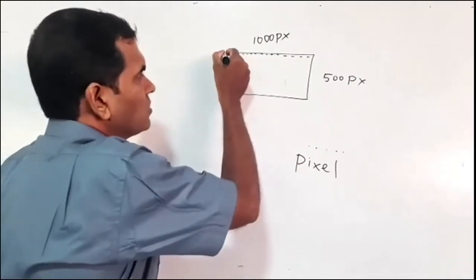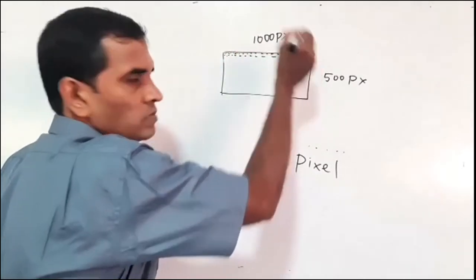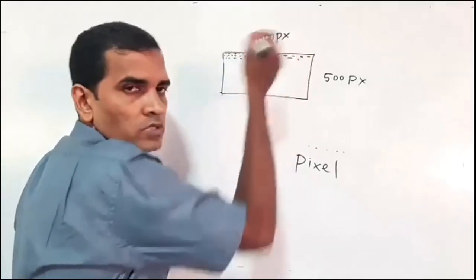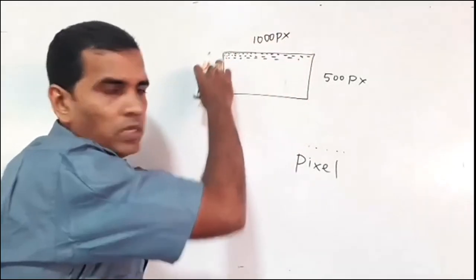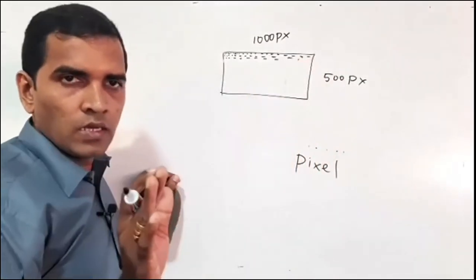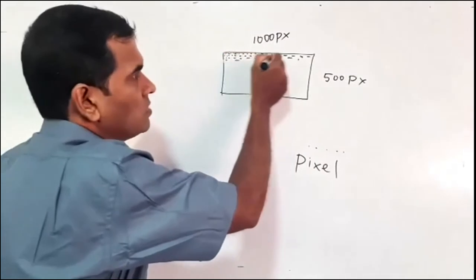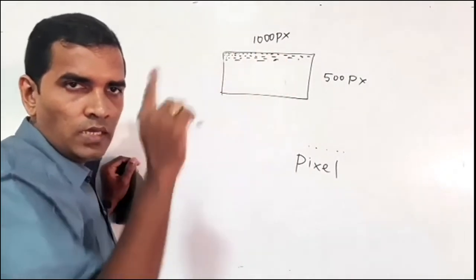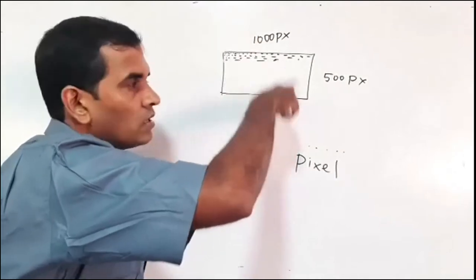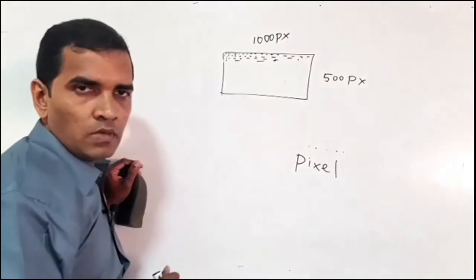Even in the next row also, there should be 1,000 small dots. Even in the next row also, 1,000 small dots. Like that, how many rows are there? See, the height is 500. Height 500 means there should be 500 rows. So in each row there are 1,000 pixels, 1,000 dots, and you have 500 rows.